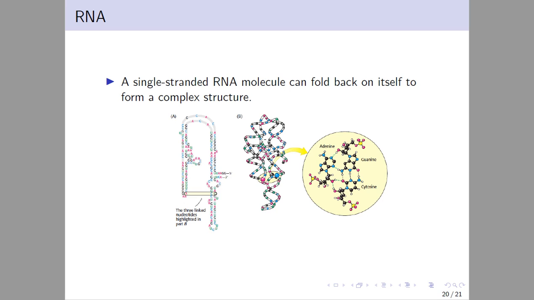Okay, so we can get this. If we have the same amino acids but with a different configuration or folding, we are going to have different information.